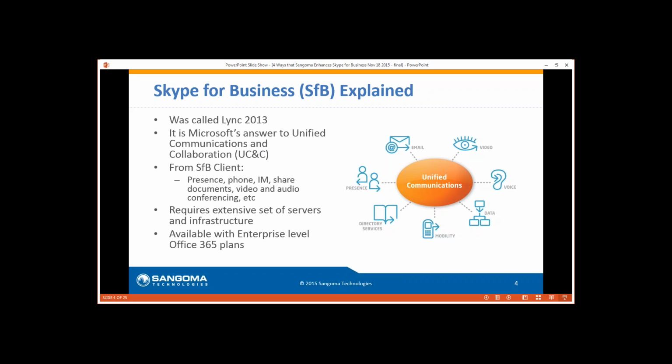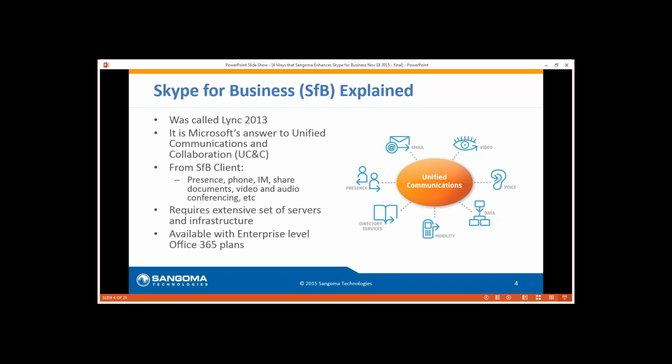And UC is essentially a place where you can launch every single piece of communication that you might need from the same application. Right? So things like presence, making a phone call, instant messaging, sharing documents, doing audio and video conferences, all of that, instead of using separate siloed applications, you can do directly from the Skype for Business client.